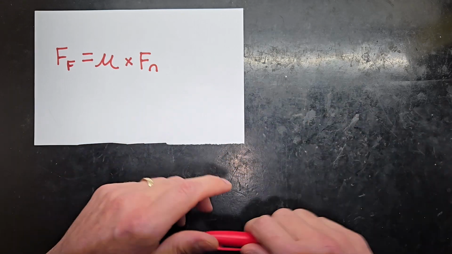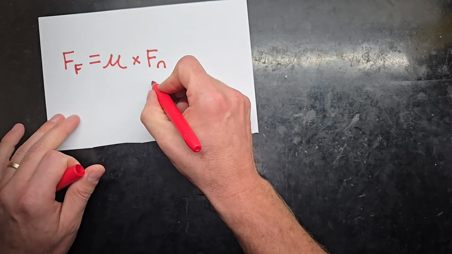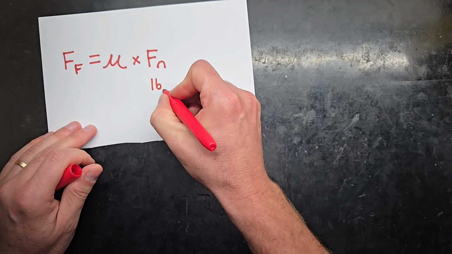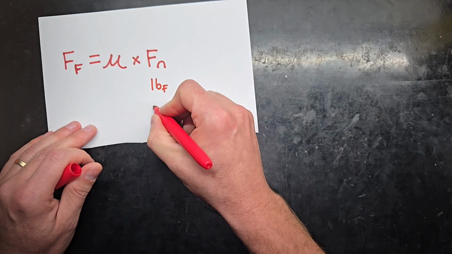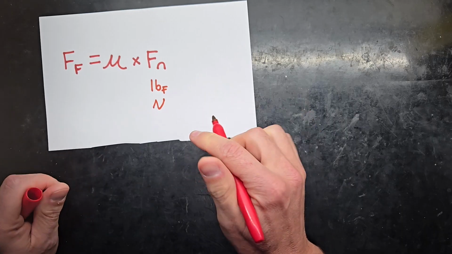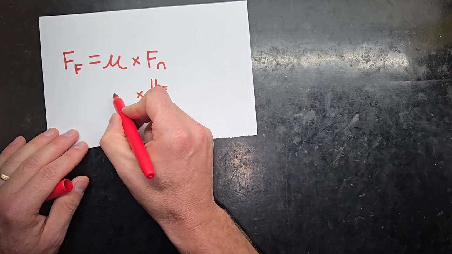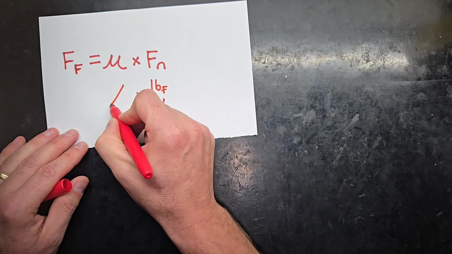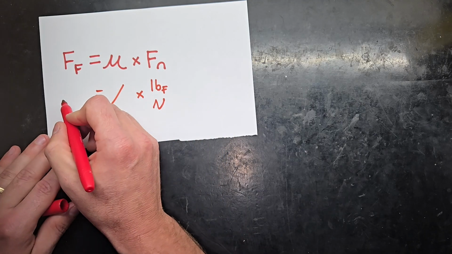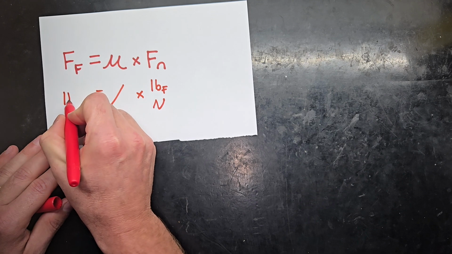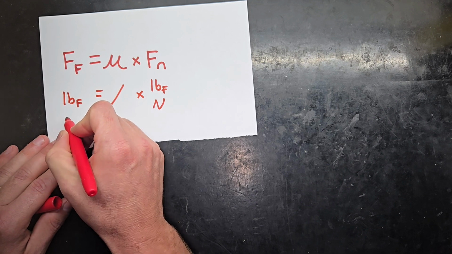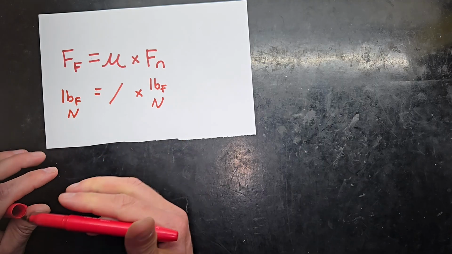Our normal force is normally going to be units of either pound force or newtons. So that times something that is unitless means our resultant is going to be in pound force or newtons.